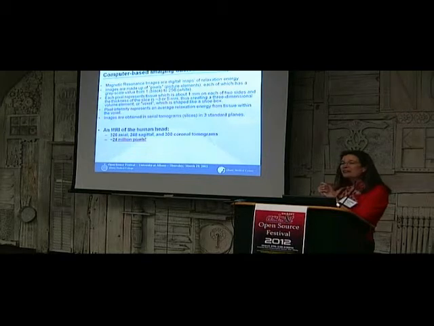Now, I don't have time, and I'm not sure you really want to know all of the physics associated with what an MRI is, but suffice it to say that magnetic resonance images are not X-rays. They're digital maps, spatial maps, of what's called relaxation energy. All the tissues in your body have a certain unique relaxation energy. And that energy is released after you put the tissue in a very powerful magnet.